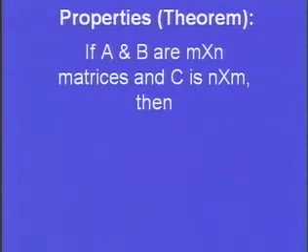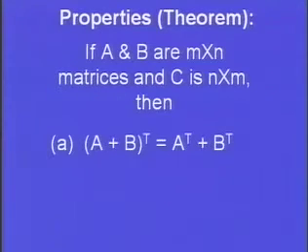Okay, now the properties. And this is in the form of a theorem. If A and B are M by N matrices, and C is an N by M matrix, then we're going to have several parts to this theorem. The first part says that A plus B, quantity transposed, is the same thing as A transposed plus B transposed.